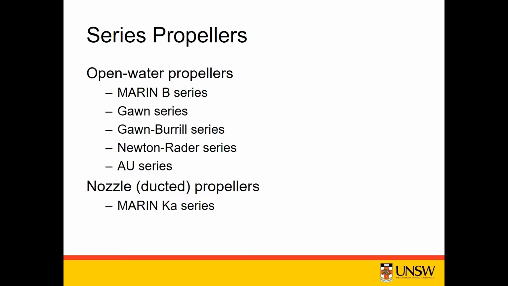The Newton-Rader series was a small series, but again, it's applicable to high-speed type vessels, and the AU series.